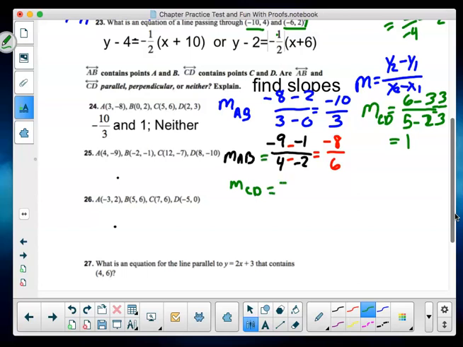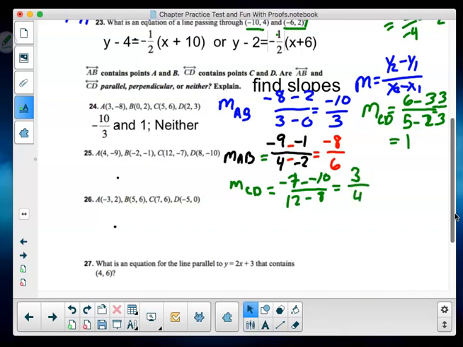CD is negative 7 over 12 and negative 10 over 8, finding their difference. And I've got positive 3 up top, positive 4 on the bottom. Keep in mind, I did not reduce the one up here, and 2 goes into both of those, so this is negative 4/3.